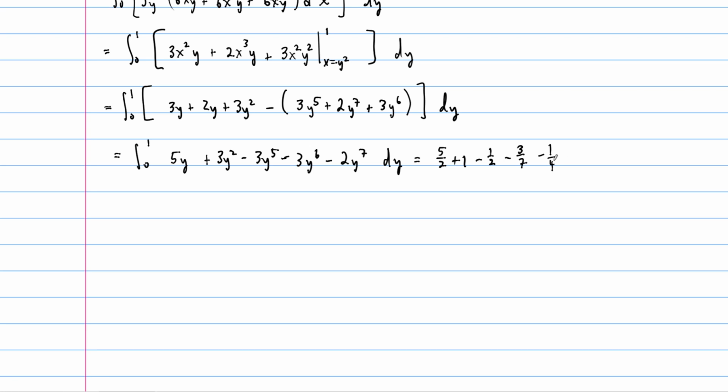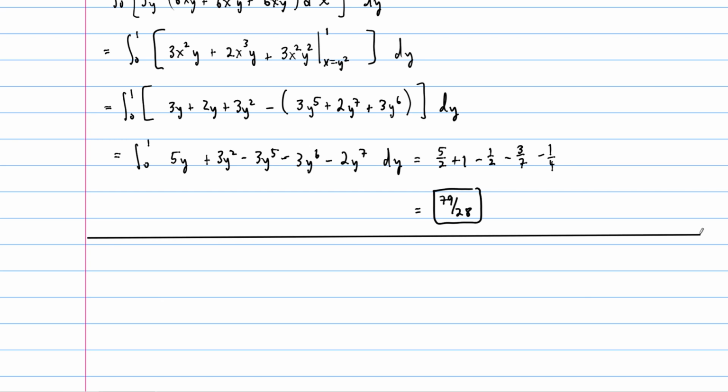And then we just have to very carefully work out what this equals in terms of the fraction. So very carefully work this out, and what you'll get is 79 over 28. So just after some careful calculations, that's what you'll get here. So that's the answer to that integral.